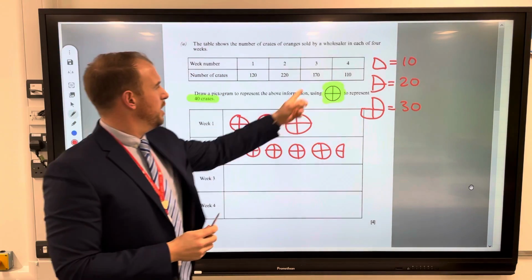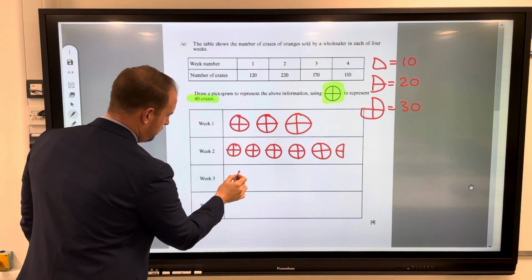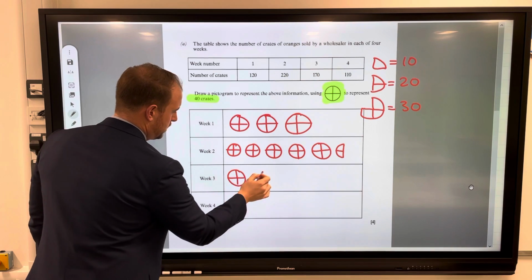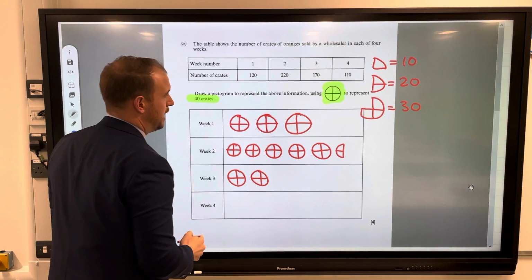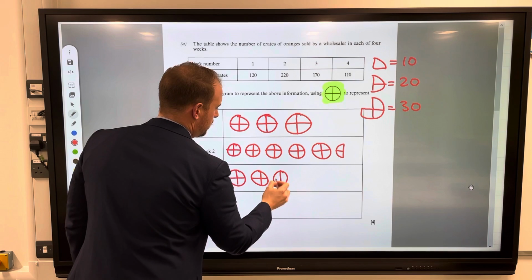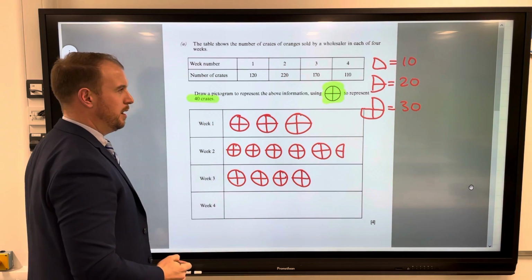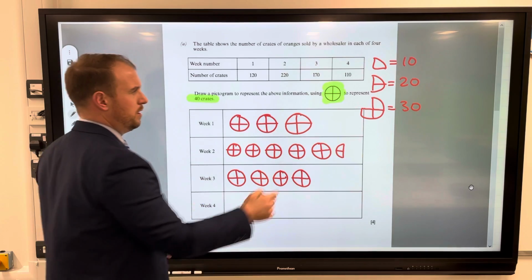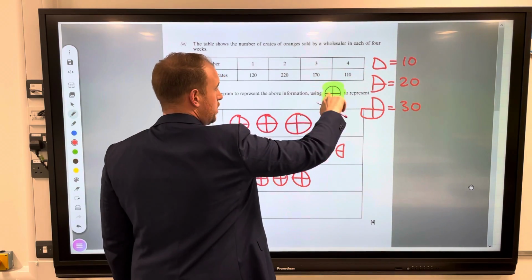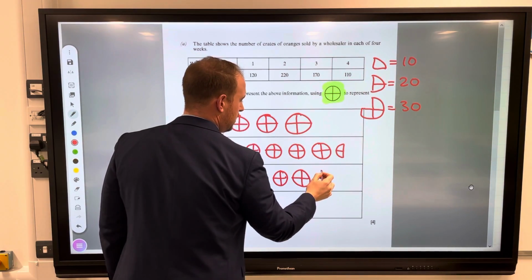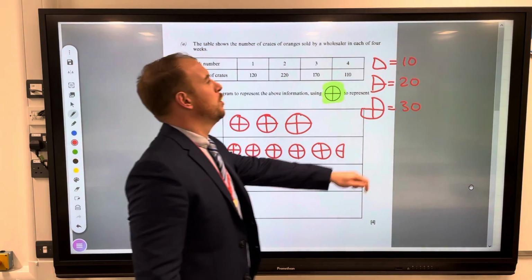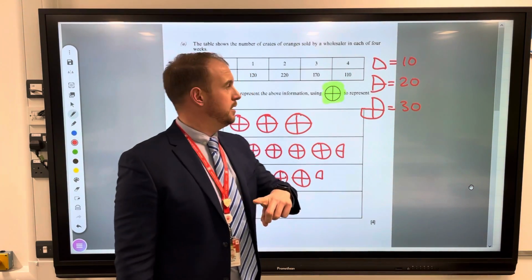So then, if I need 170, that's 40. 2 would be 80. 120, 160. Now I only need 10. Well, as we said here, a quarter of this shape is 10. So you could even write this on the side before you started.